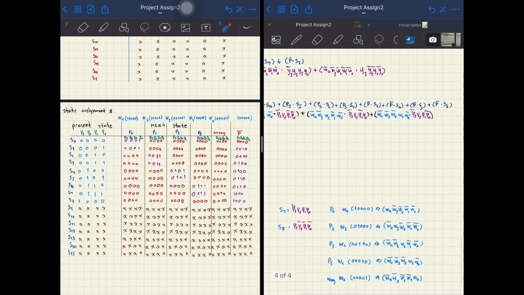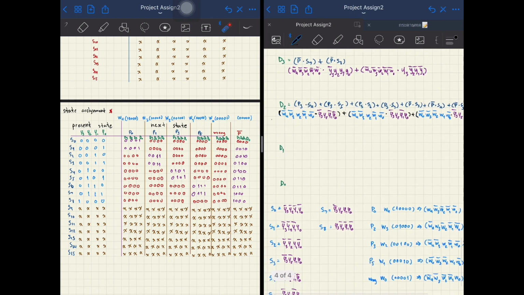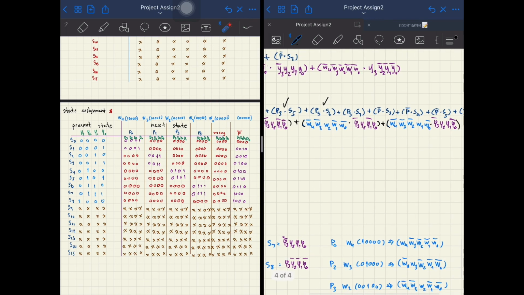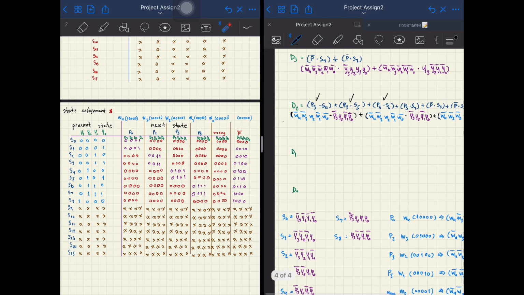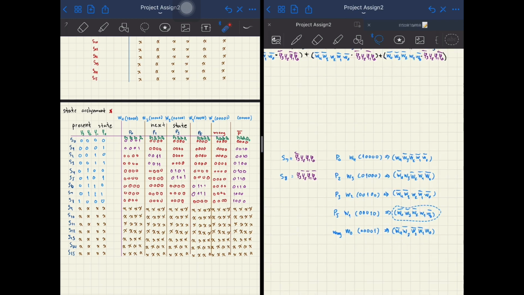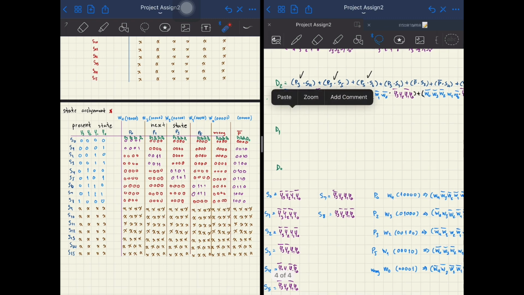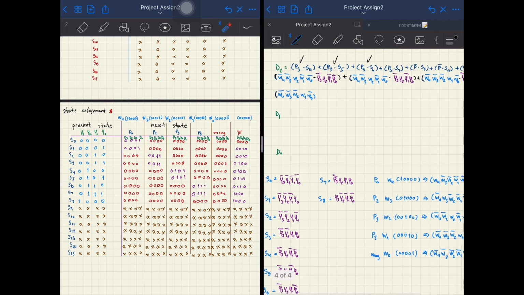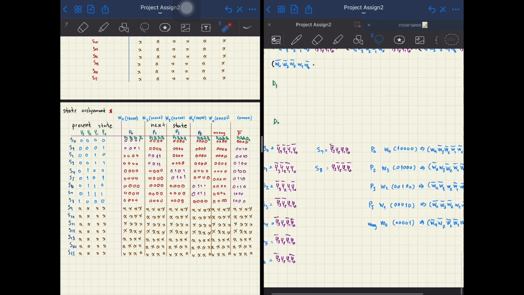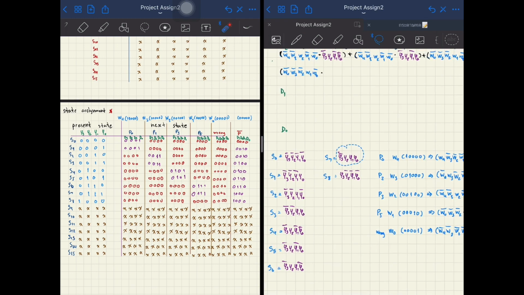I will check the mark so I don't forget it. And then P5 and with state 7. P5 and state 7. Same P5. And with state 7. State 7 is here, right?